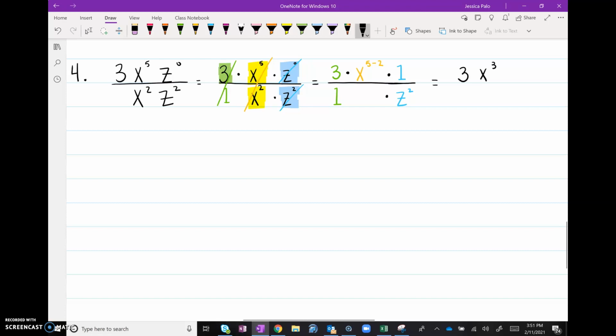Well, I don't need that times 1. Over 1 times z squared, that just equals z squared. So 3 x to the 5th z to the 0 over x squared z squared equals 3 x to the 3rd over z squared when you simplify.